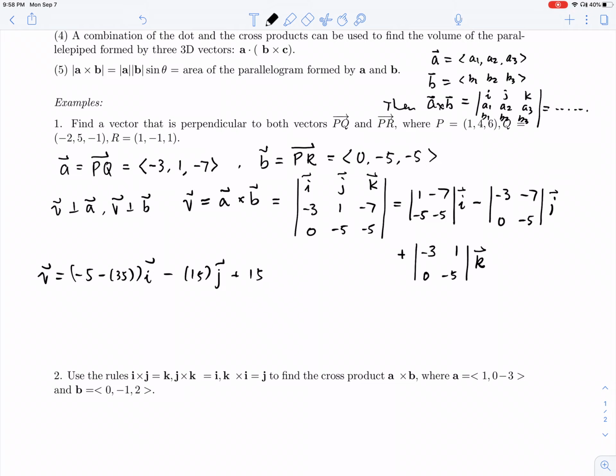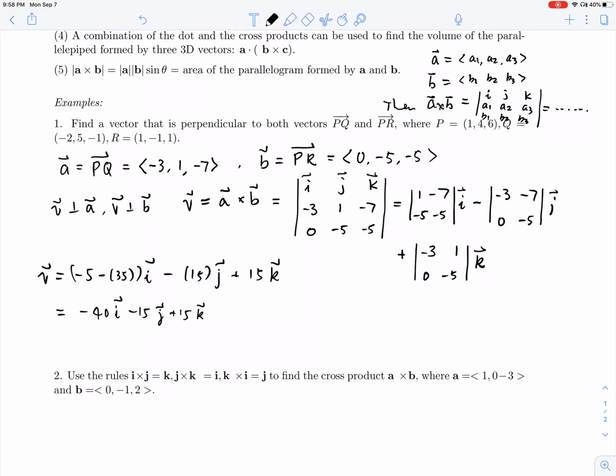Okay, that's fine. And 15 over here is going to be K. Okay, so now if we put together over here, then we have negative 40 I and negative 15 J and plus 15K.